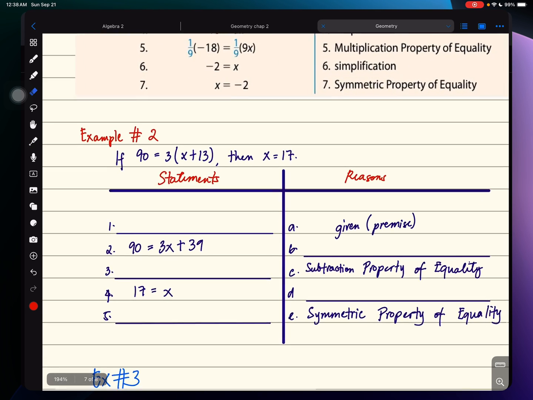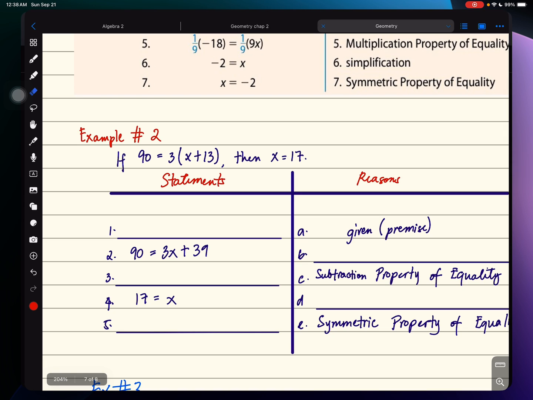How about this example number two? How do you think we can complete this table? For example number two, if 90 equals 3 multiplied by the quantity of x plus 13, then x is equal to 17. Just like what I said, remember which are the hypothesis and conclusion.